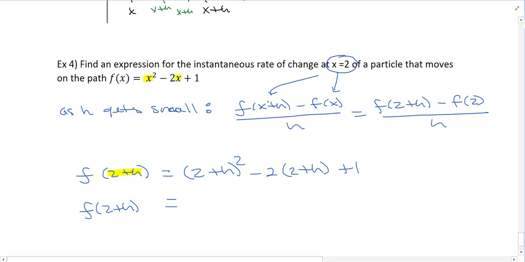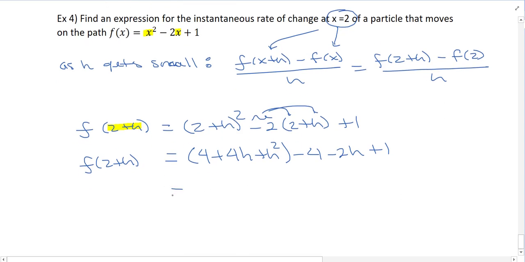So I don't plug in 2 anymore because I already did it here. So what is this? Multiply it out. So it'll be 4 plus 2h, 2 of those, so plus 4h plus h squared. Distribute the minus 2. Don't forget to take the negative with you. So minus 4 minus 2h and then plus 1.